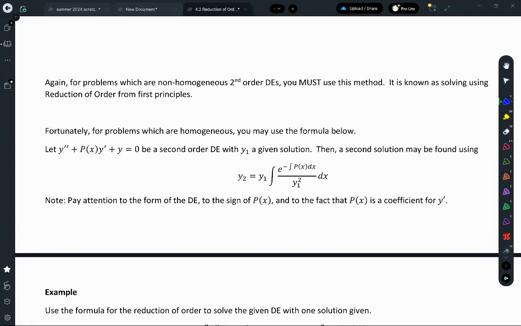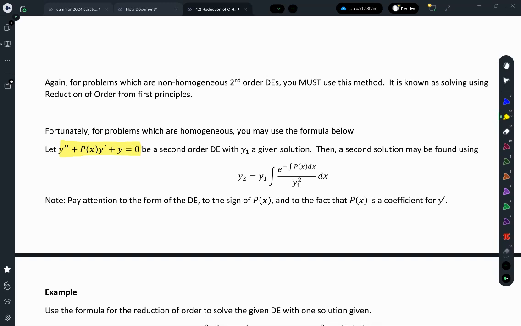So let's see what I mean. If we have a second order differential equation in the form y double prime plus p of x y prime plus y equals 0, notice the form there, okay? P of x is now in front of y prime. We are not looking at an integrating factor here.